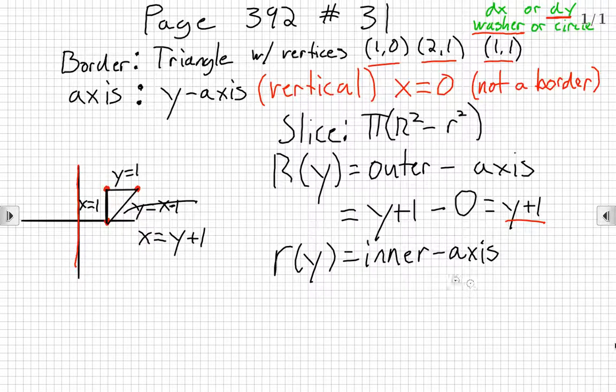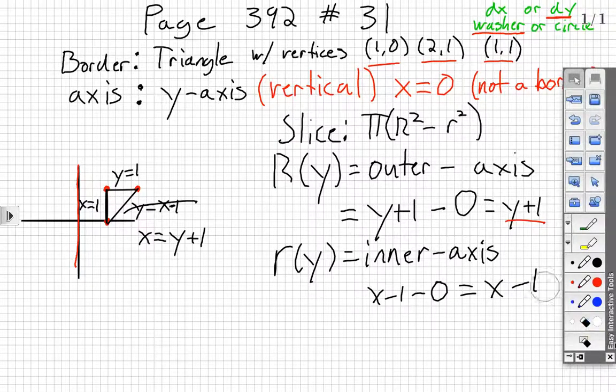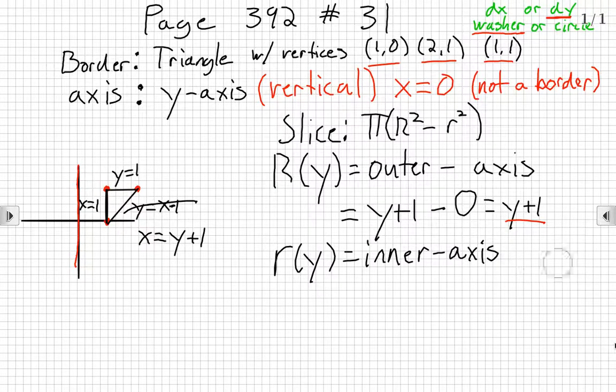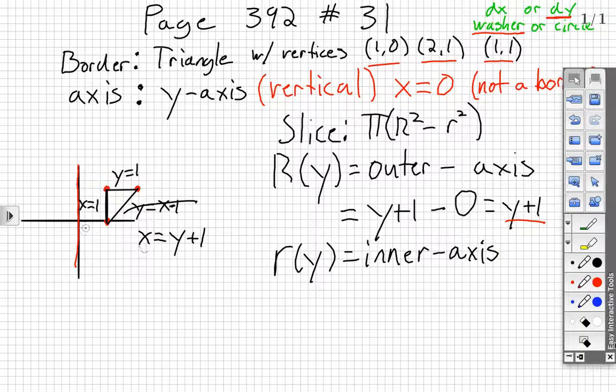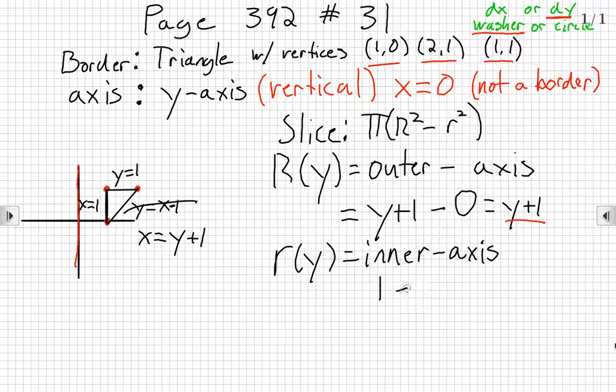So we left off saying inner minus axis. We looked at this as our axis, and we looked at this as our inner layer, x equals 1. Oh, I'm sorry, I need to redo that. X equals 1 is inner, minus x equals 0 is the axis. So our inner radius is actually the constant function 1.